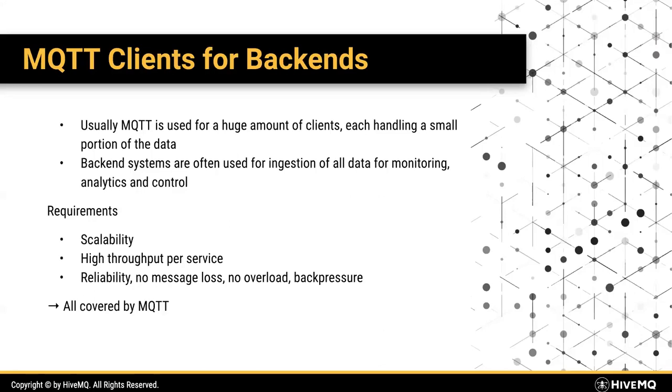And these requirements are also covered by MQTT, especially with the new MQTT version 5. We got a lot of features that ensure this scalability, ensure that we have back pressure, so we have stable and reliable systems.